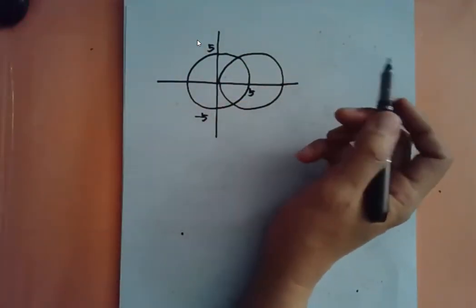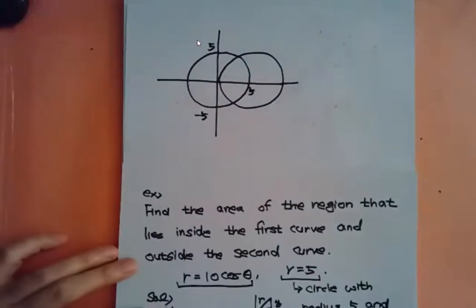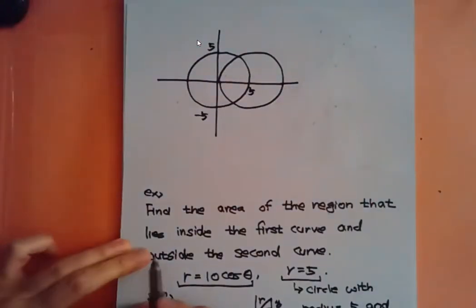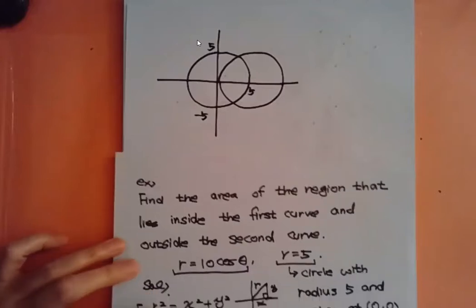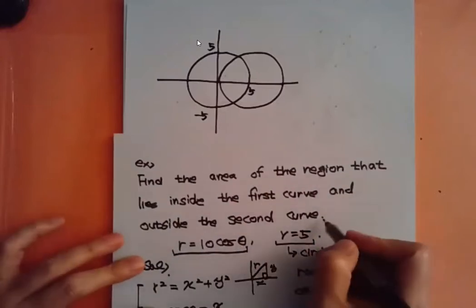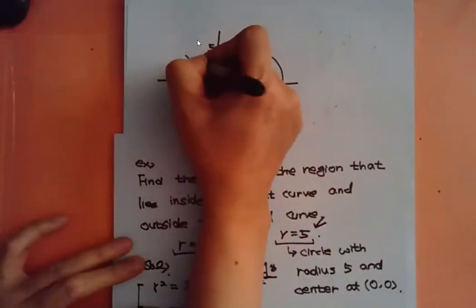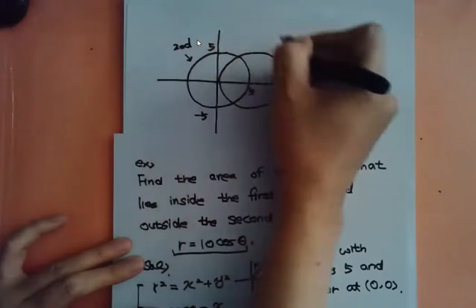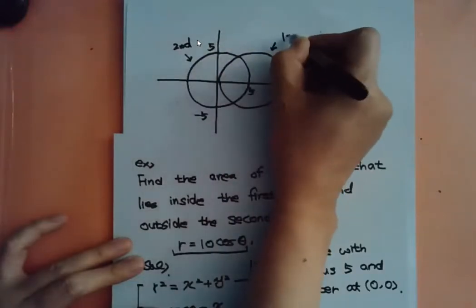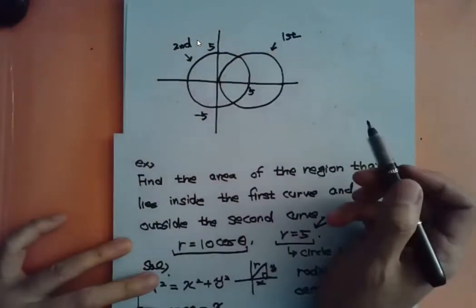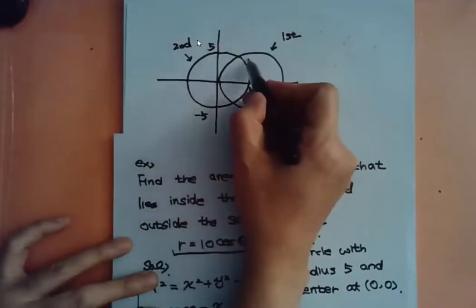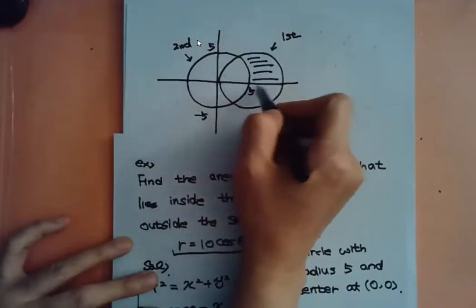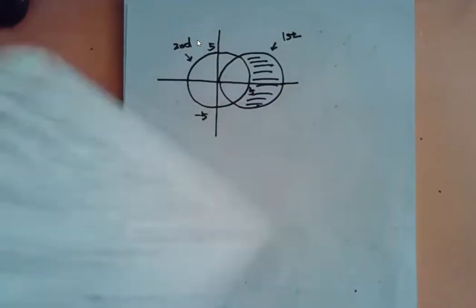So what the problem is saying is find the area of the region that lies inside the first circle and outside of the second circle. So second circle, this is the second, and this is the first circle. It should be inside of the first circle, but outside of the second circle. So we have to calculate the area of here.